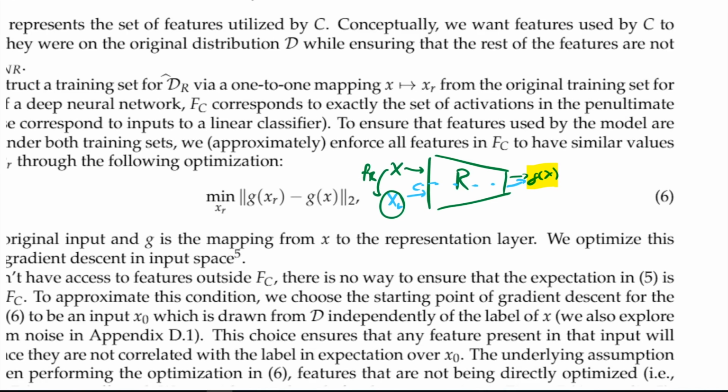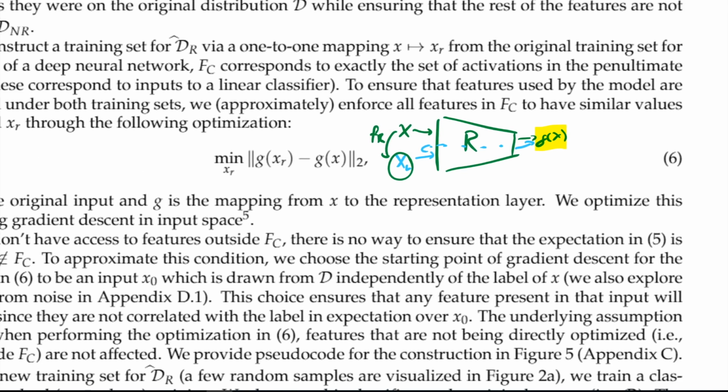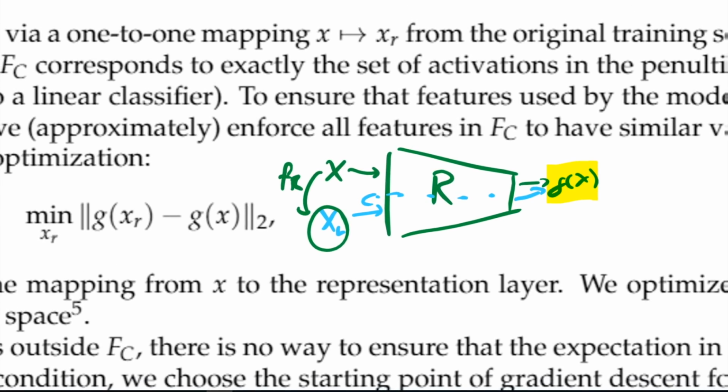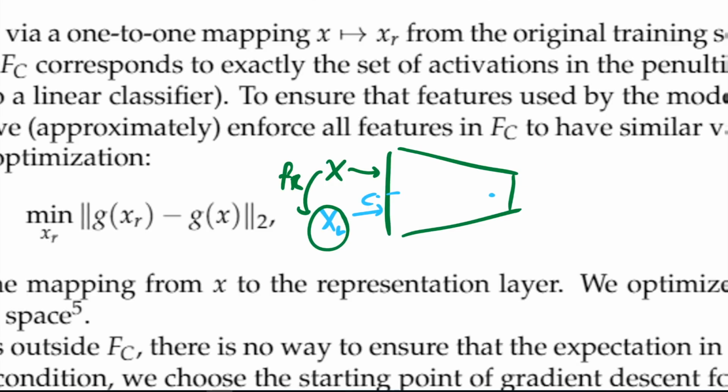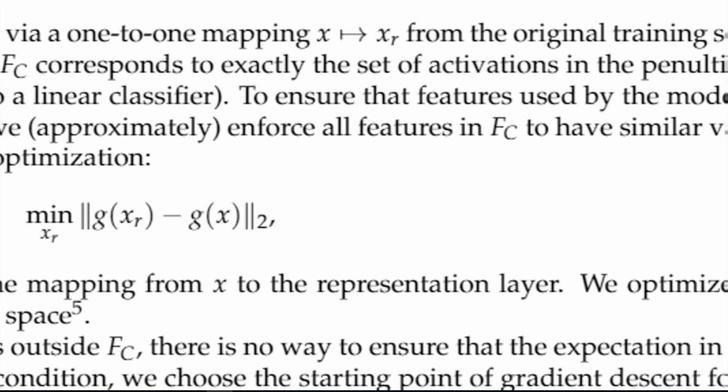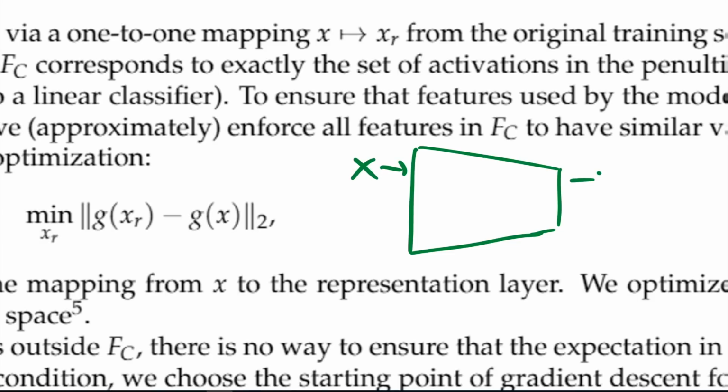Second, how do they derive a non-robust version? And that's even easier if I have a regular classifier, and I want a non-robust version of X. I have X as input, the classifier outputs some label.